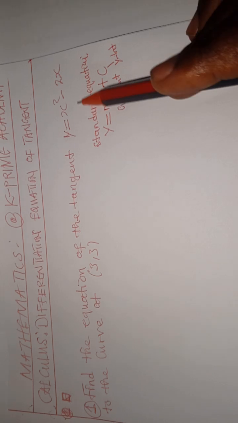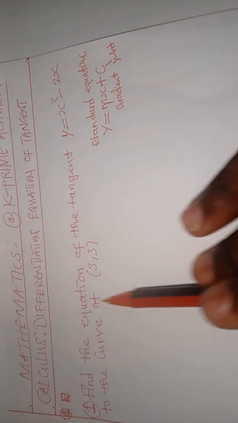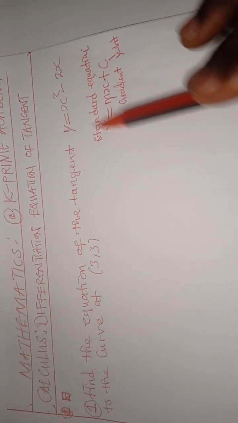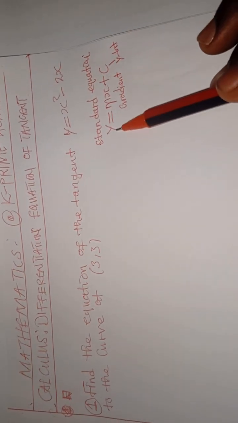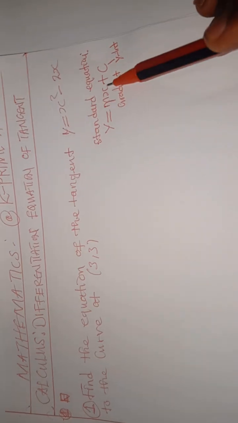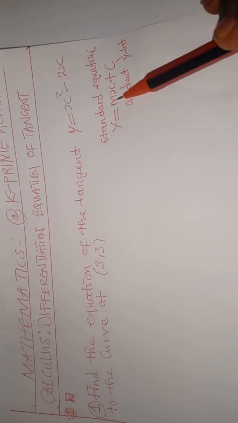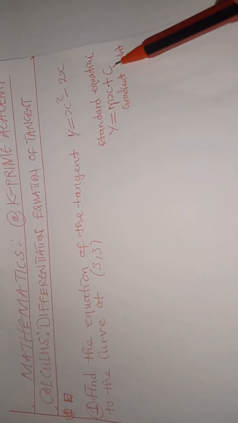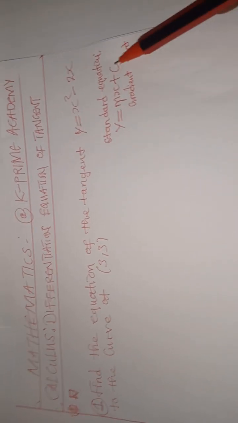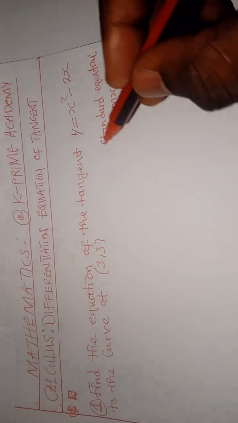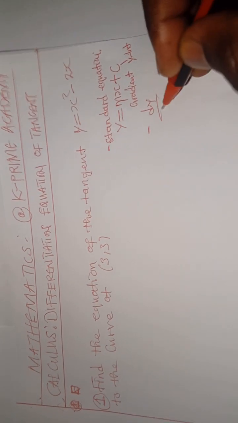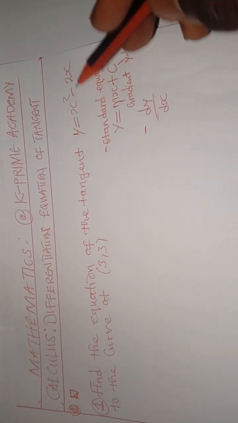After finding the gradient of this function, we need to apply the value of y here, the value of x here, and the gradient that we are going to get, where there is m, so that we solve for c. Then it means we have found the equation. So the first step is to find the dy dx of the given function.